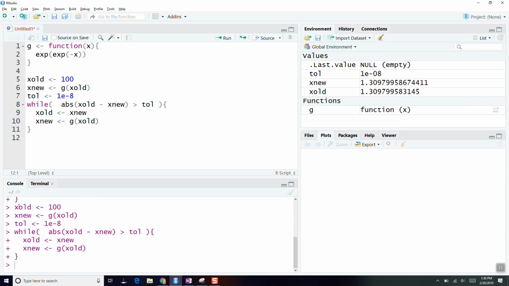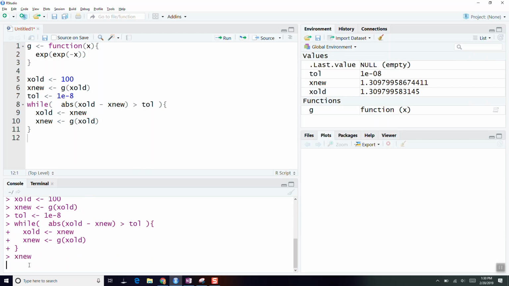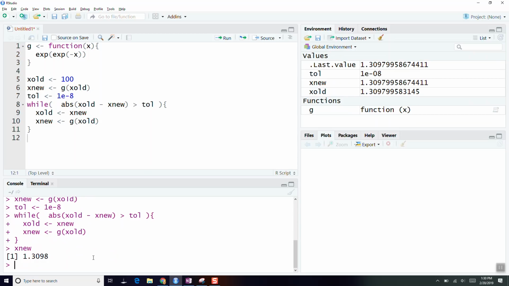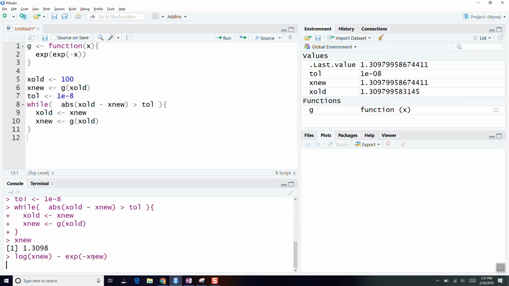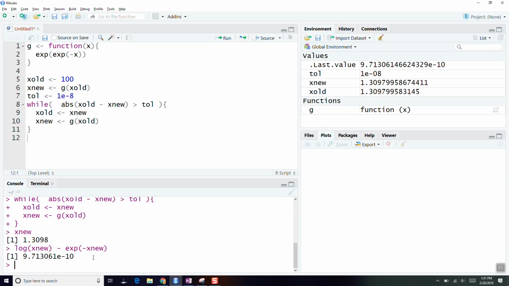Okay, and it's done. And again, what is our x new? 1.3098. And we saw that when we plug that into log minus e to the negative x, we get basically 0, okay?